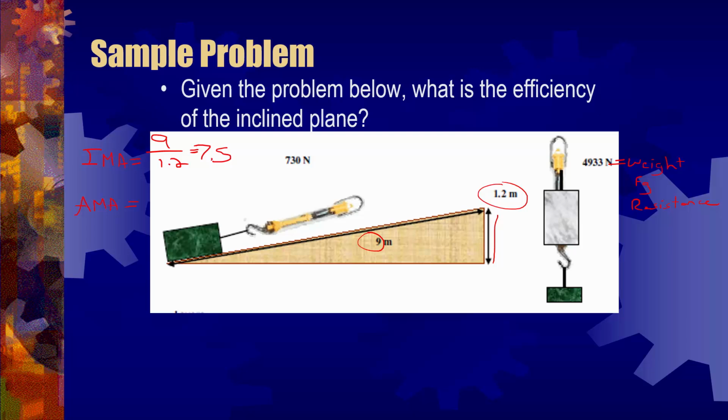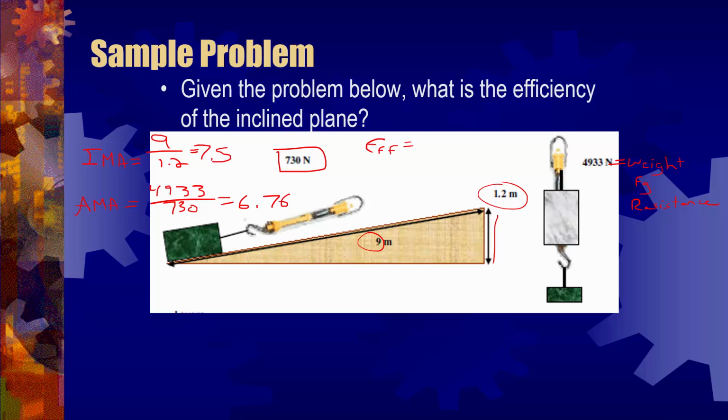So AMA is the resisting force, that is 4,933, divided by the force it takes to pull this booger up the hill, and that would be this guy, so that's 730 N. So 4,933 divided by 730 equals 6.76.